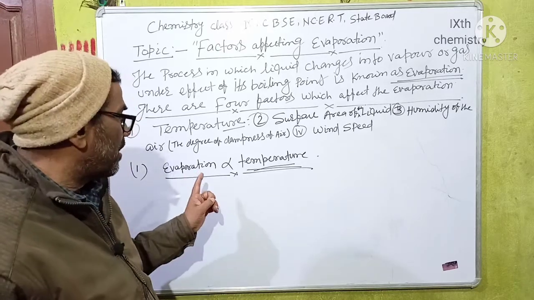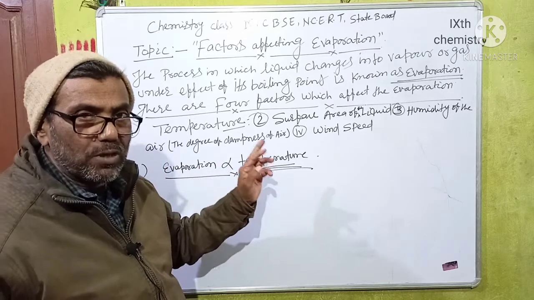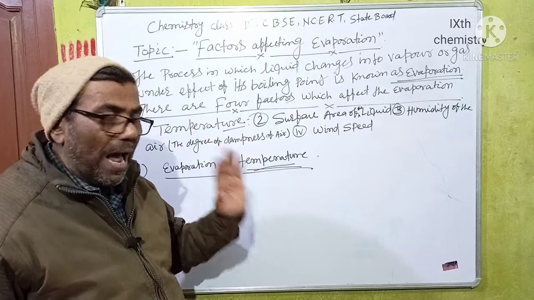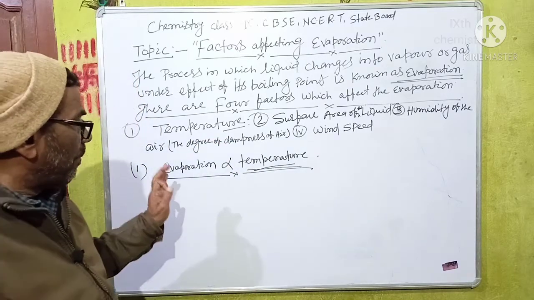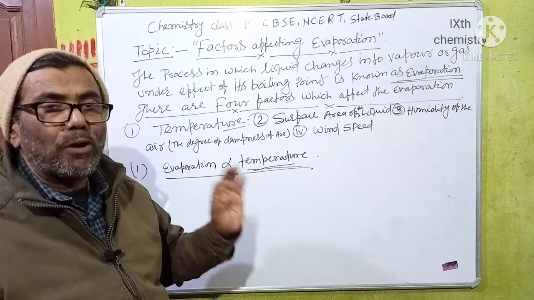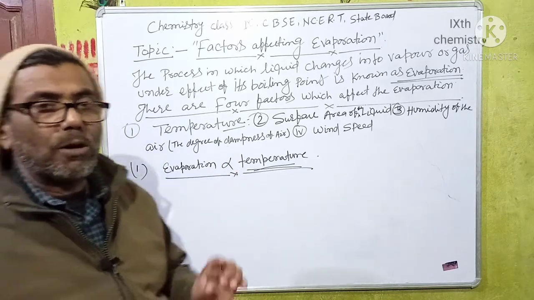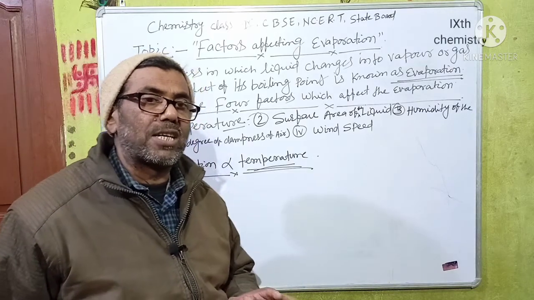So due to this reason, we can say that evaporation is directly proportional to the temperature, and the maximum evaporation occurs at the boiling point of the liquid. We know that the boiling point of water is 100 degrees Celsius.